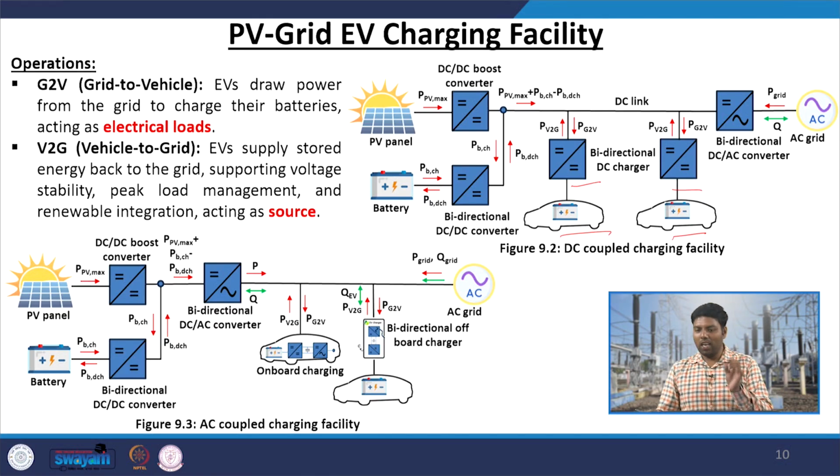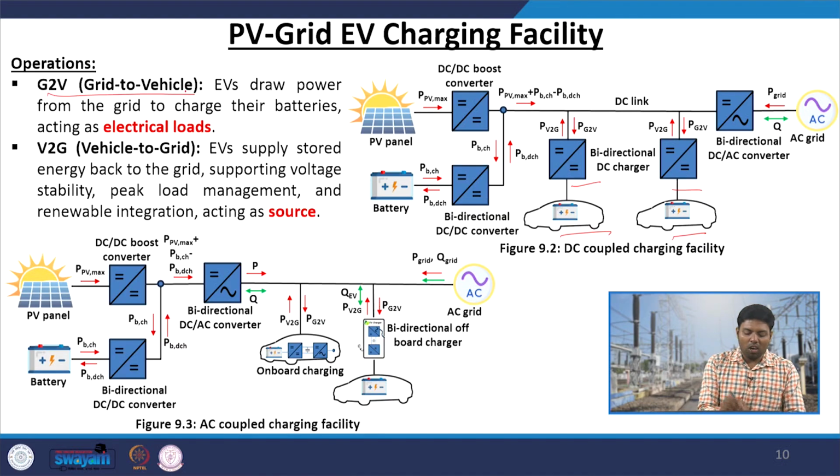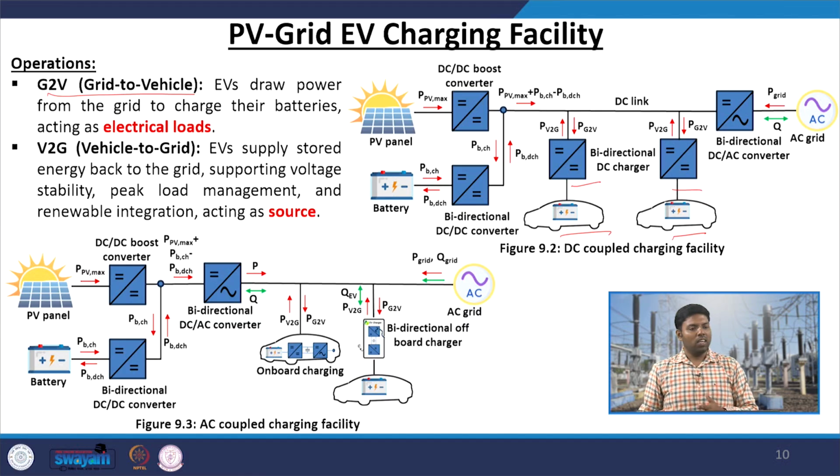Now, I said take or supply. Depending upon that, the operation of the electric vehicle can be of two types. The first one is grid to vehicle operation, which is mostly the charging operation. You are taking power from the grid to charge your battery. At that time your electric vehicle is acting as an electrical load.